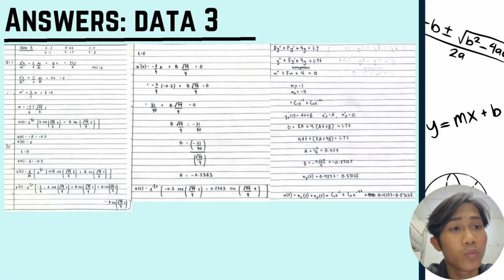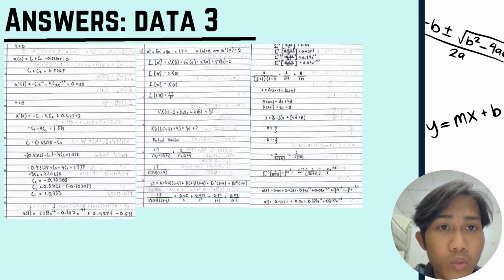So we calculate into the formula, and we got x particular t is equal to 0.425t minus 0.53125. We conclude the formula xt equal to x homogeneous plus x particular, and we got c1 exponent negative t plus c2 exponent negative 4t plus 0.425t minus 0.53125.